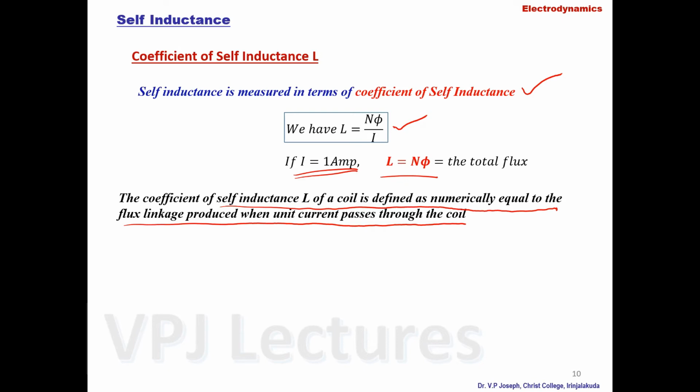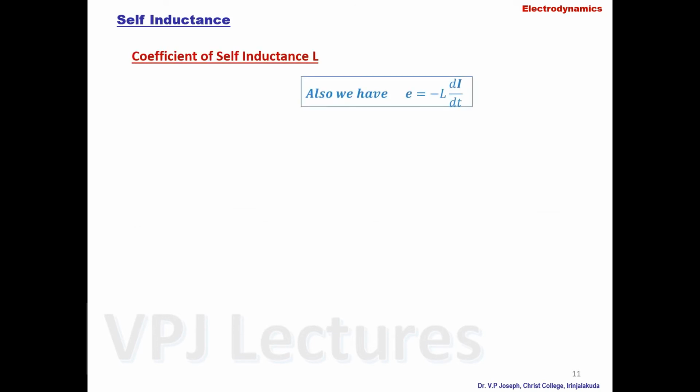When unit current passes through the coil, the flux linkage produced is called the coefficient of self-inductance.